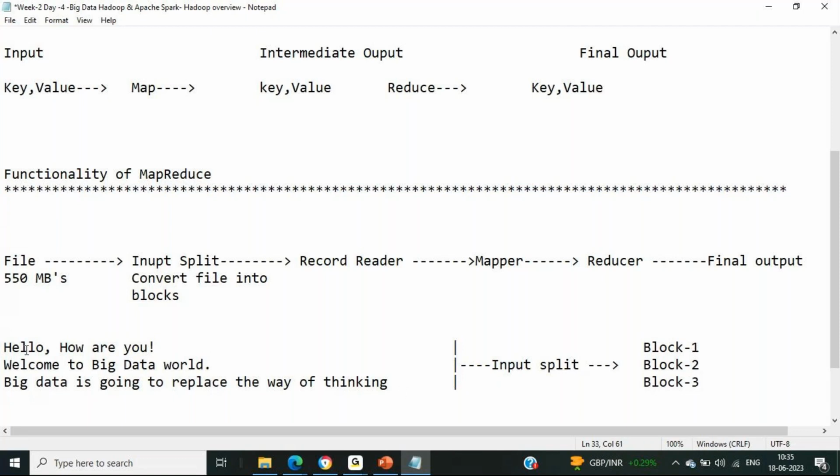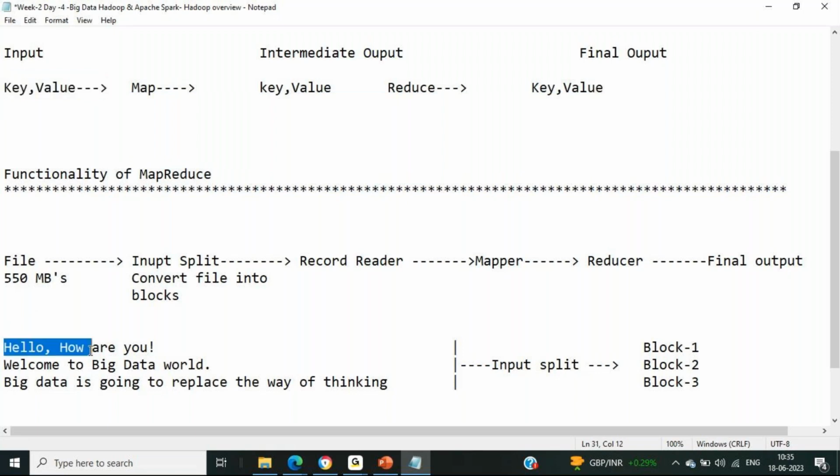The content hello, how are you is given to block one. Welcome to big data world is given to block two, and big data is going to replace the way of thinking is given to block three. Now we are having three blocks, but the challenge is we are not having this content in key and value pair format.